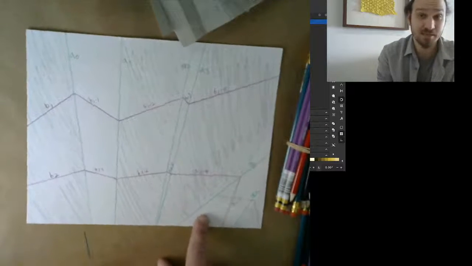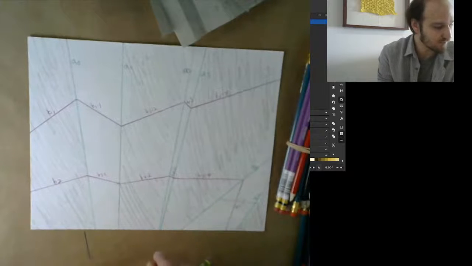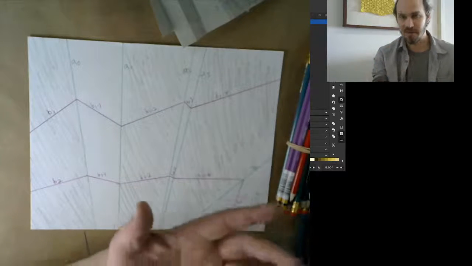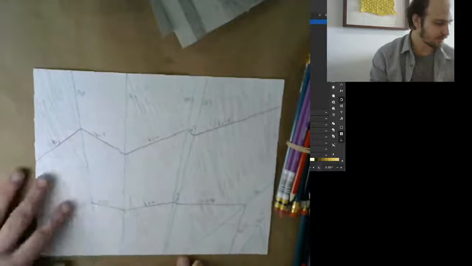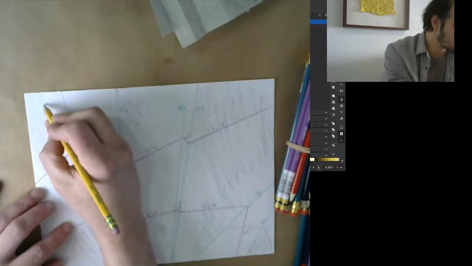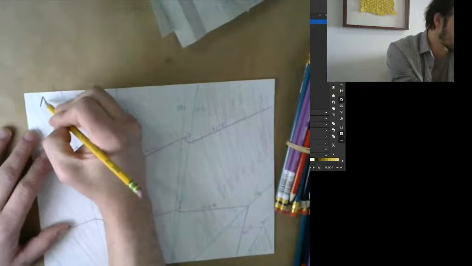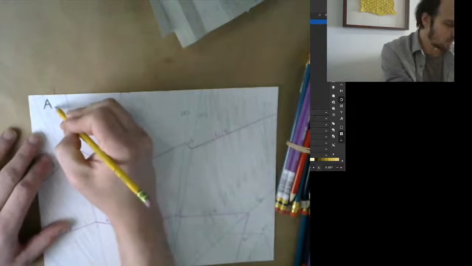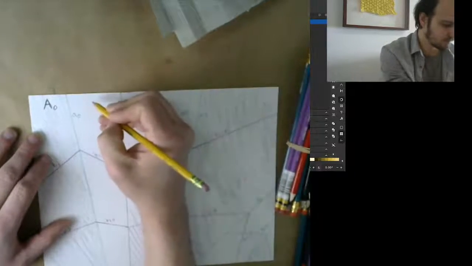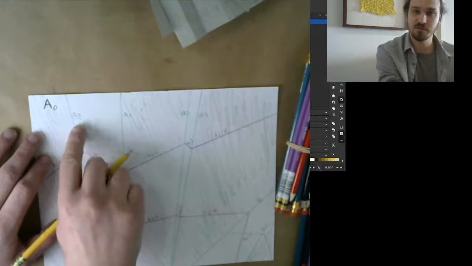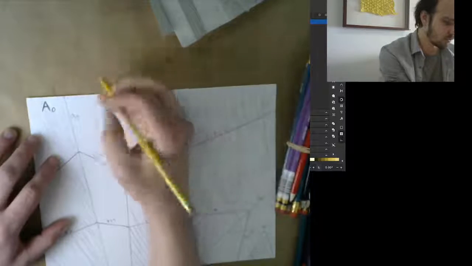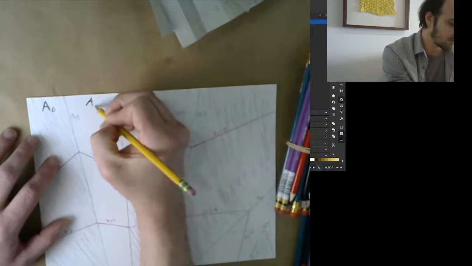Now, in this case, the regions, for lack of something better, we'll call that region capital A, 0. Actually, I'm going to define it off of 0 and 1. So this one's going to be capital A, 0.